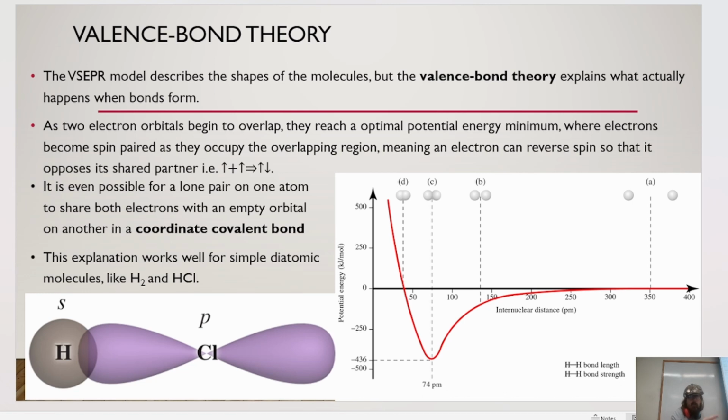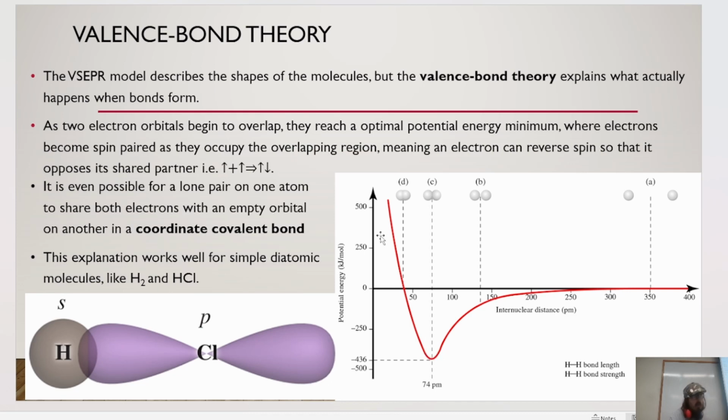That we reach a maximum energy stabilization. You can see the chart over here: as atoms approach each other, the attraction between the nuclei and the electrons reaches a low point. That lowest point is the ideal energy stabilization.